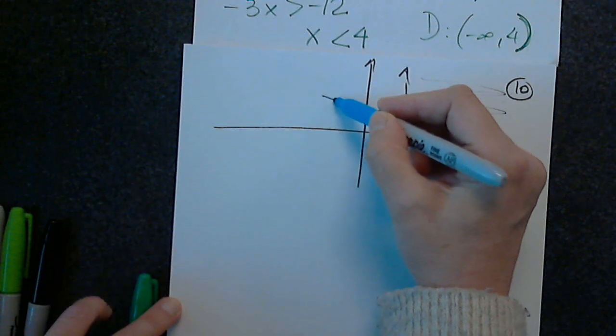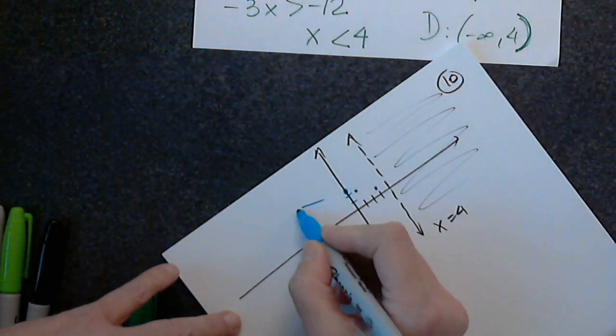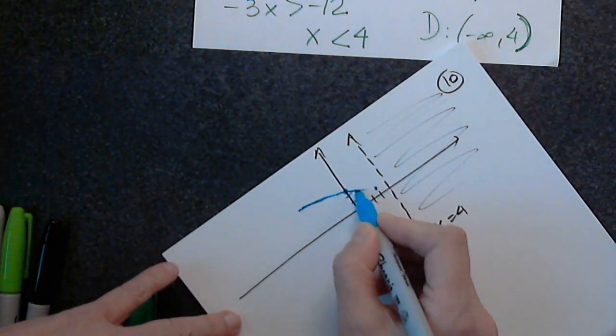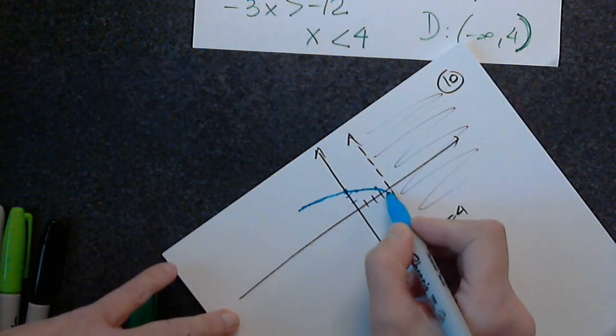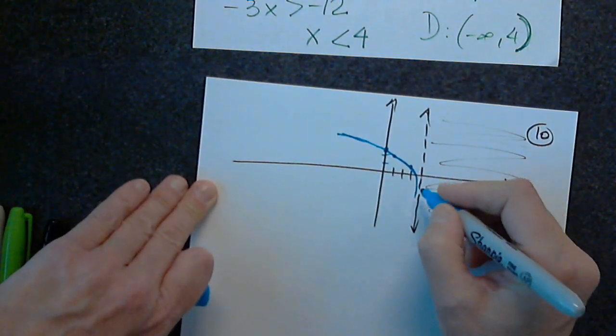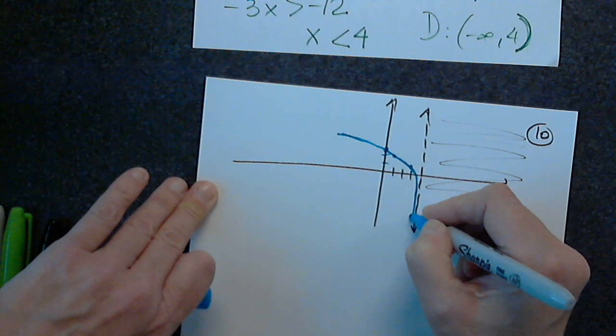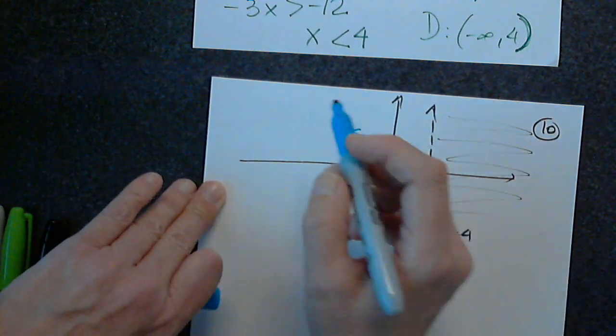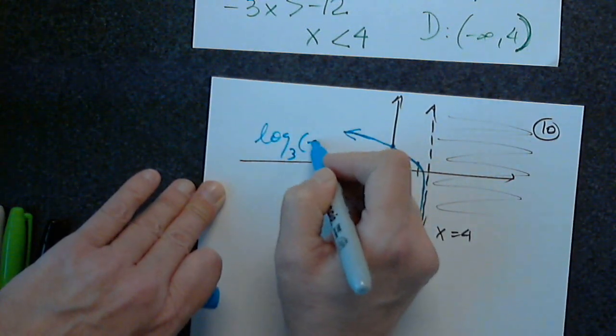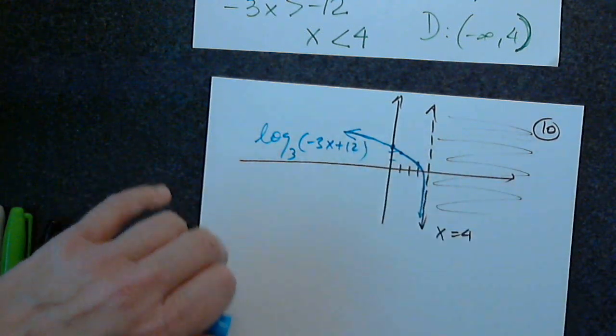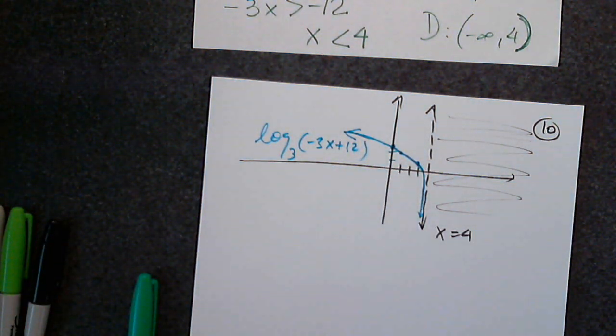So here's the graph. So this is a graph of log base 3 of negative 3x plus 12. We're able to graph it because, first of all, we determined the domain, and then we plugged it in.